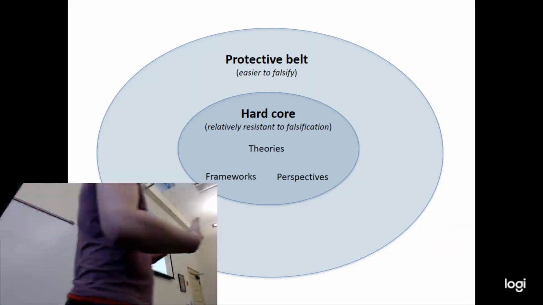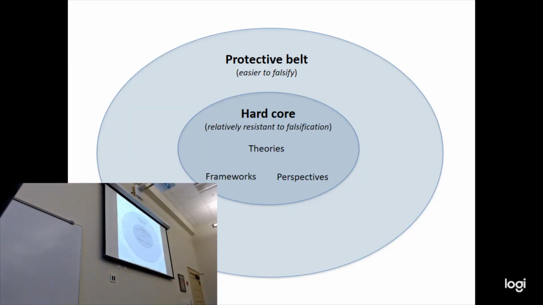There are some special names for these more central core ideas and the ideas that are at the periphery. In psychology, you sometimes hear the word framework, like evolutionary psychology uses the framework of natural selection.